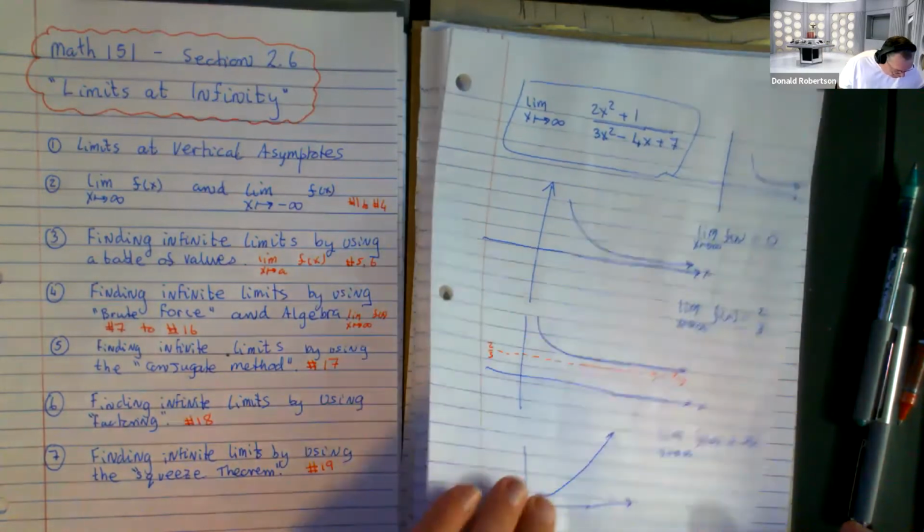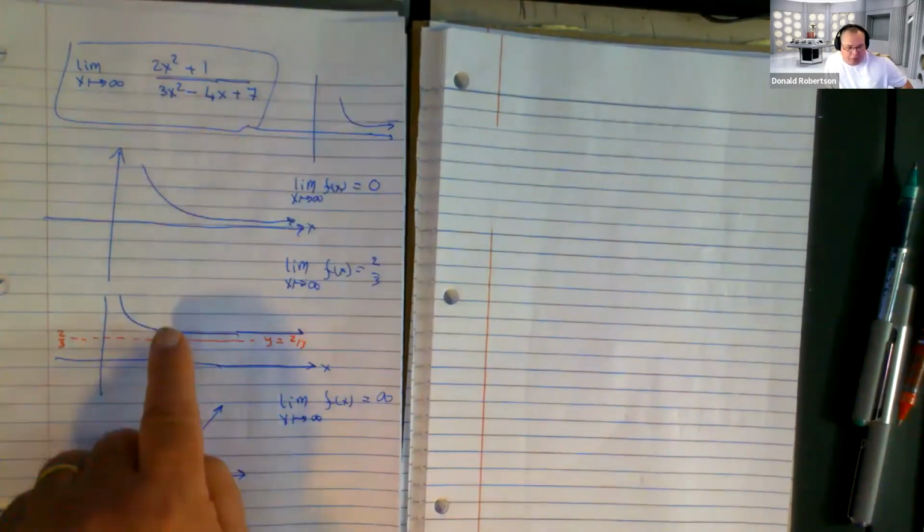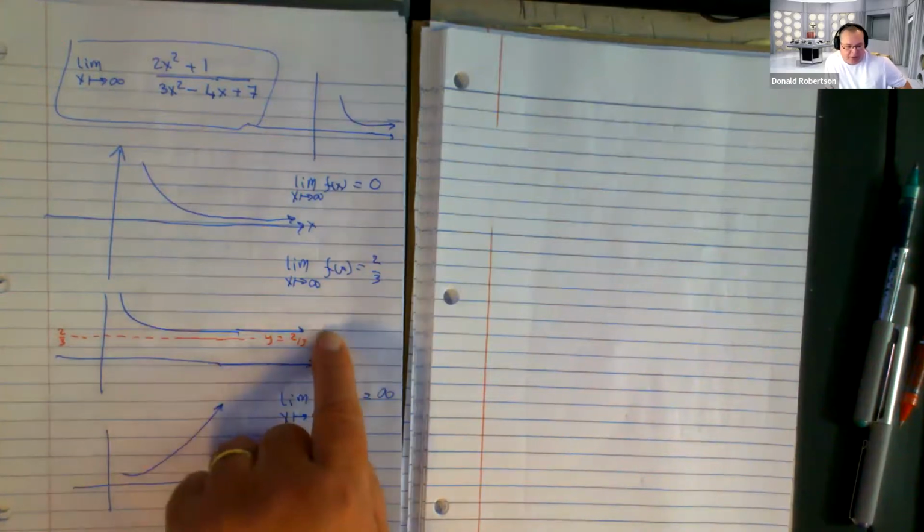So how do we find the limits of that? Well, I could plug this into Desmos. And if I did, I would at least get a feeling for whether it was leveling off up here, or leveling off down here, or if it shoots off to infinity. Now, if it shoots off to infinity, that would be easy, right?